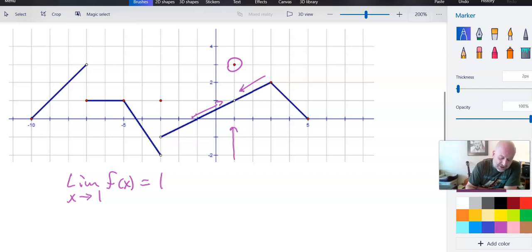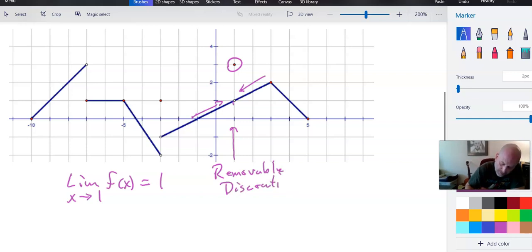But this type of discontinuity, when you have a hole in the graph, so the function is not continuous, but the limit still exists, is called a removable discontinuity. Right?